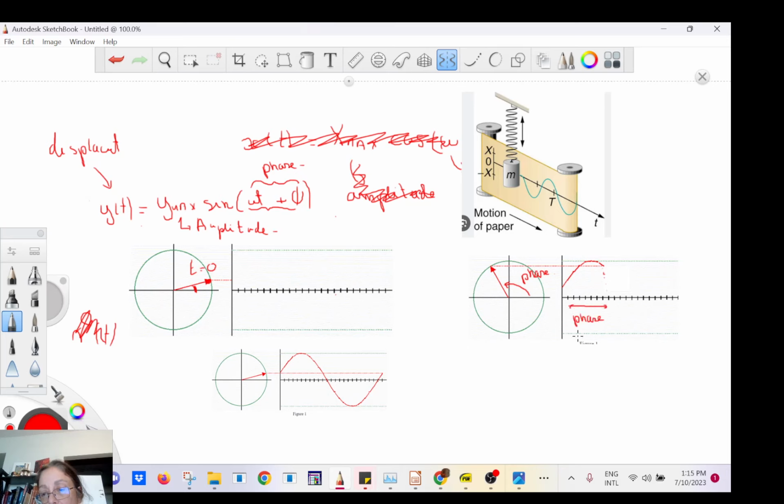The phase will be in radians. Sometimes at t equals 0, you don't start your stopwatch when it's here, but when it's there. In that case, you have a phase shift. It means that your sine function has been shifted horizontally. I hope it's clear now.